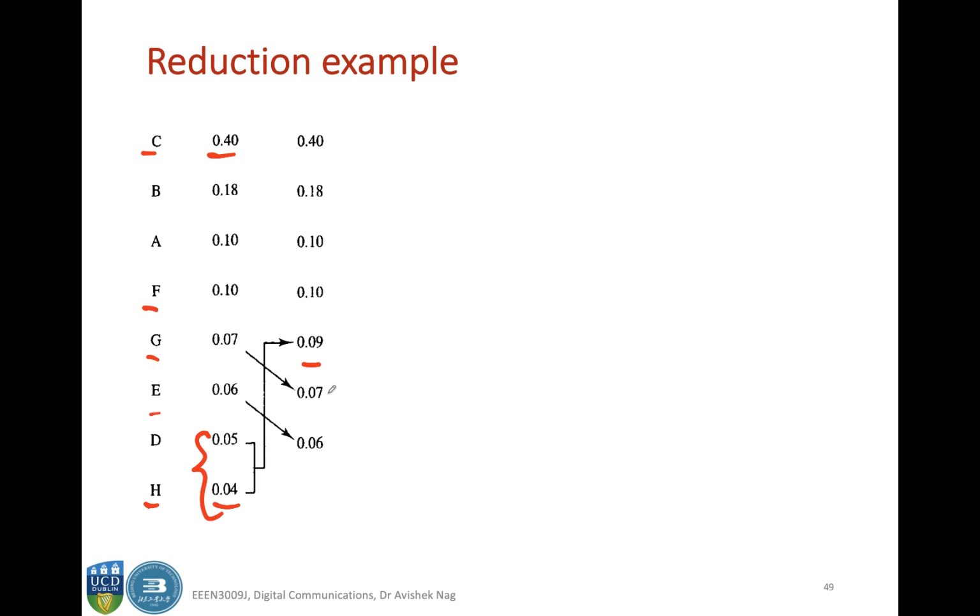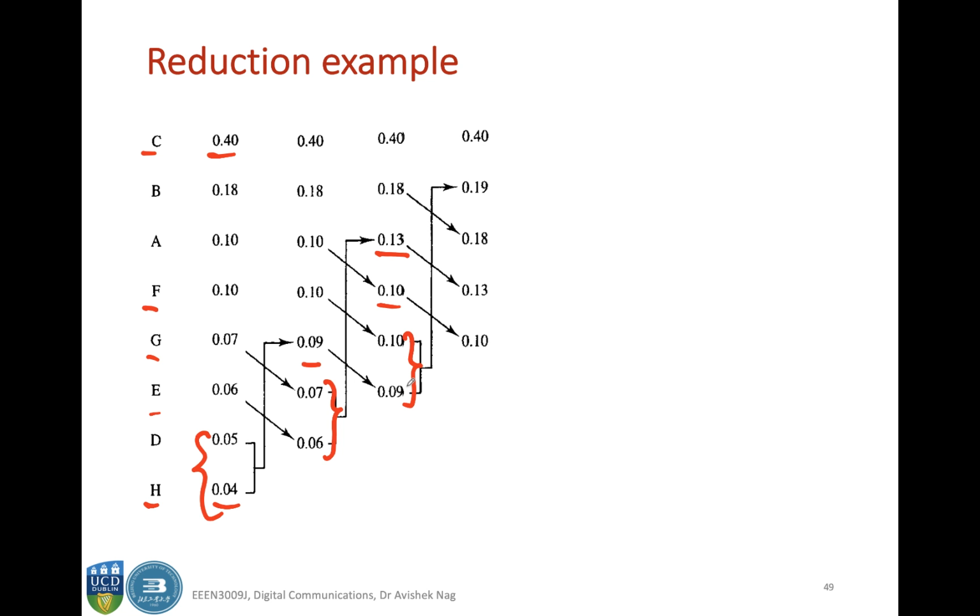Then again we sum these two numbers, and this goes here between 0.18 and 0.10. Again we take the last two and sum them, and that gives you 0.19. So that comes between 0.4 and 0.18.